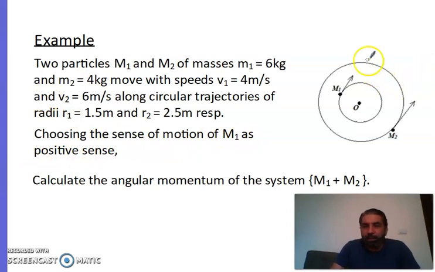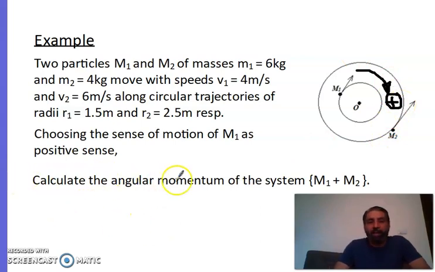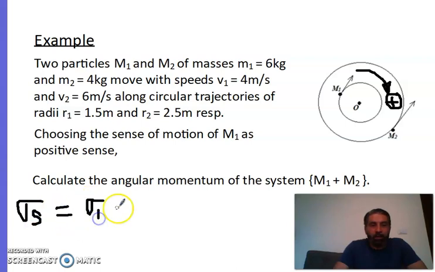Look here, this sense of motion is chosen as the positive sense, meaning clockwise is chosen as positive, not anti-clockwise. Calculate the angular momentum of the system of particles, referring to the rule: sigma of the system equals sigma 1 plus sigma 2, right?